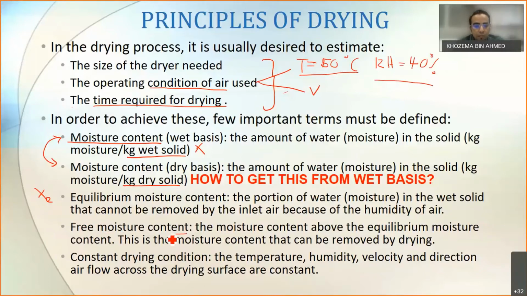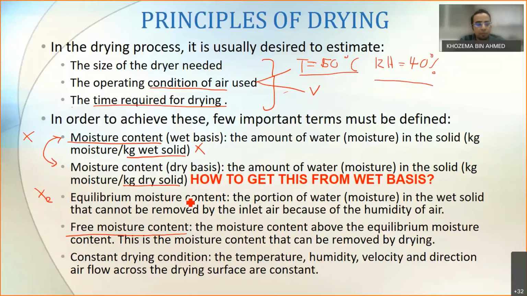It is important for you to understand the relationship between moisture content, equilibrium moisture content, and free moisture content. So when you have your moisture content, you can get your free moisture content by deducting the equilibrium moisture content. Okay, we look at this in the next slides.